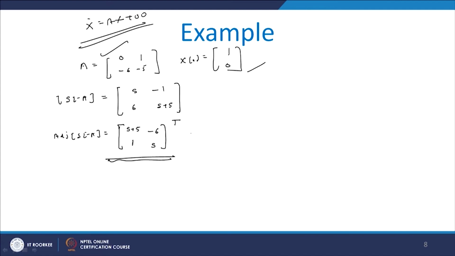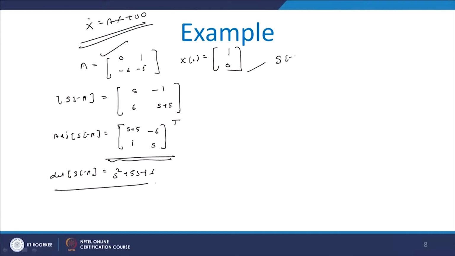Now, we have to calculate the determinant. The determinant of SI minus A equals S square plus 5s plus 6, and our main purpose is to determine the SI minus A inverse.